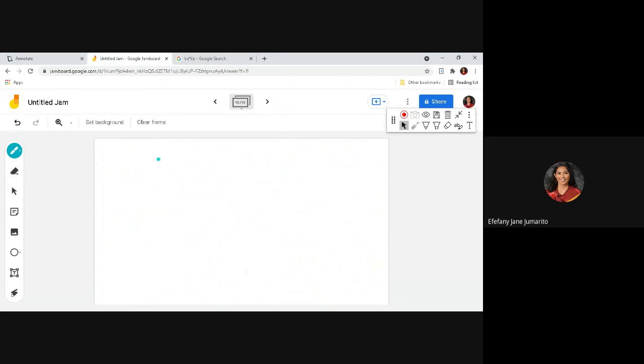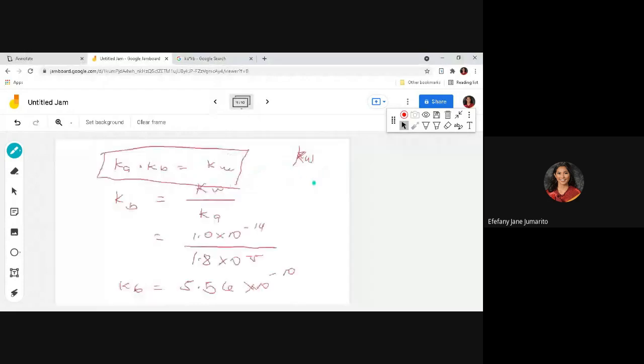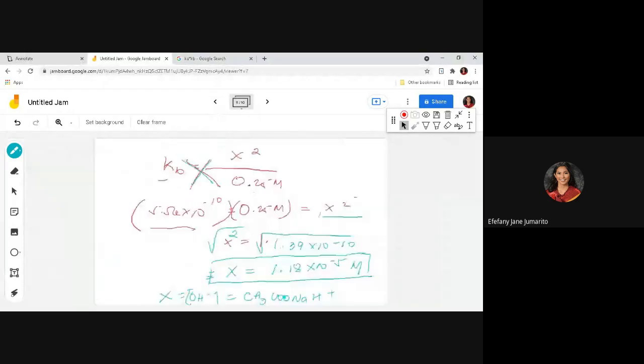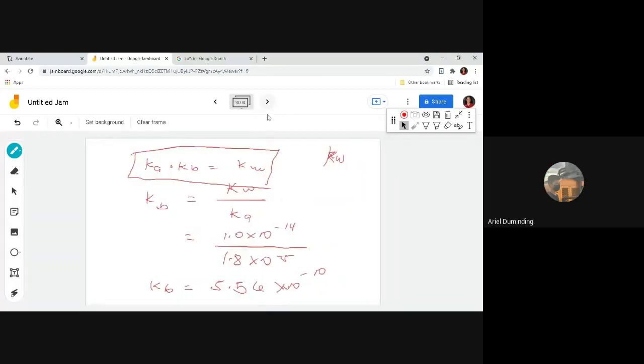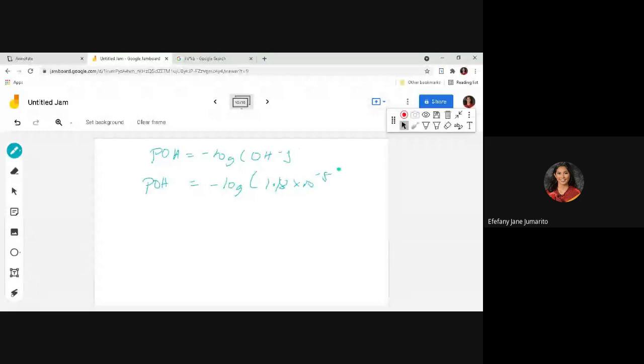First thing is, pOH is equal to negative log of OH minus. pOH is equal to negative log of 1.18 times 10 raised to the negative 5.